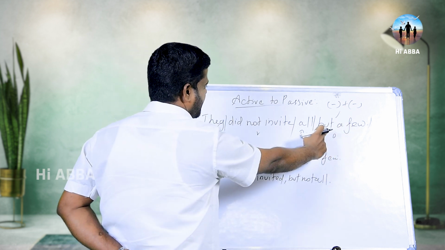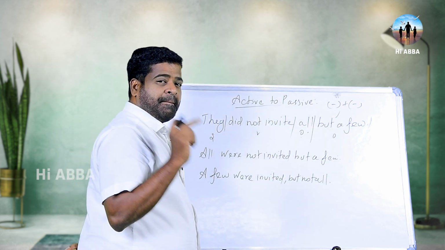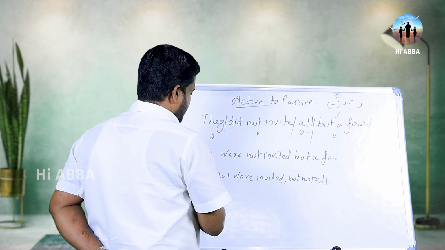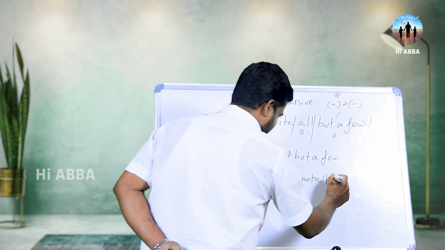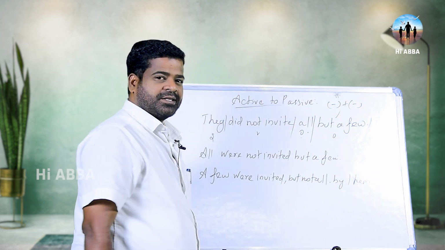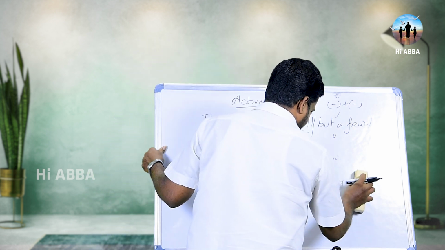So therefore, when you take that object as a subject, it becomes a positive sentence. So, a few were invited but not all by them. Again, by them is supposed to come, but then we have learnt object omission, so you can omit that.